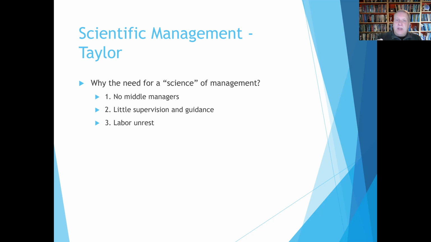Why was there this perceived need for a science of management? Well, at the time in which Taylor was writing, which is the early 1900s and then the 1920s, there was this void, this gap, if you will, in a lot of our organizations where we didn't have middle managers. Today you go into an organization, you find a whole lot of middle managers in the middle part of that organizational chart.